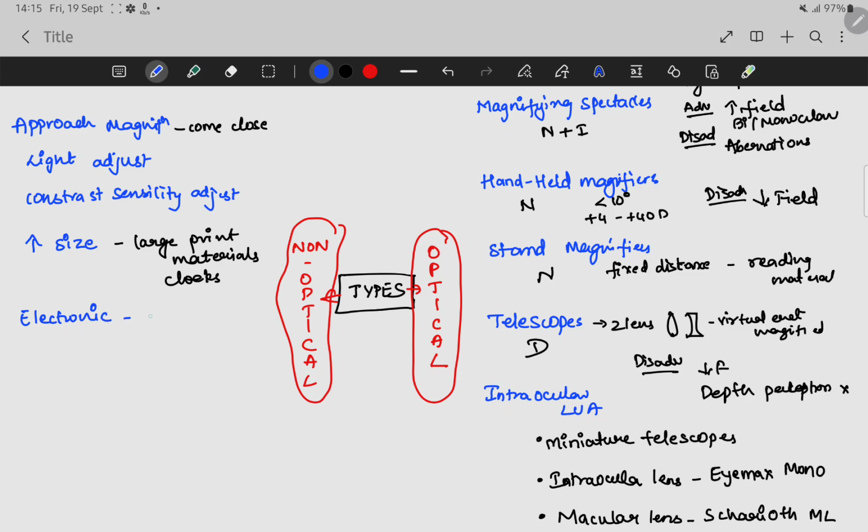Okay. Then we have electronic devices like CCTV, low vision imaging system, and VMAX.